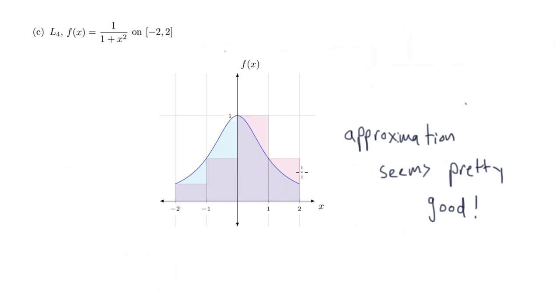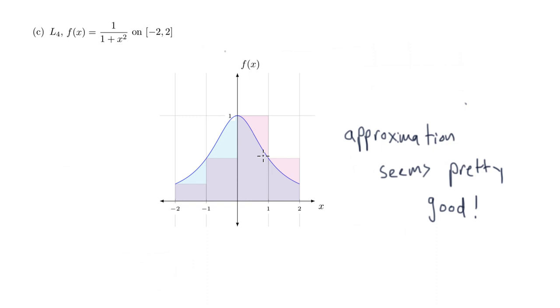And something to note is that when a function is increasing, using left endpoints is going to give an underestimate, and when a function is decreasing, using left endpoints is going to give an overestimate. Now, the exact opposite is true when using right endpoints.